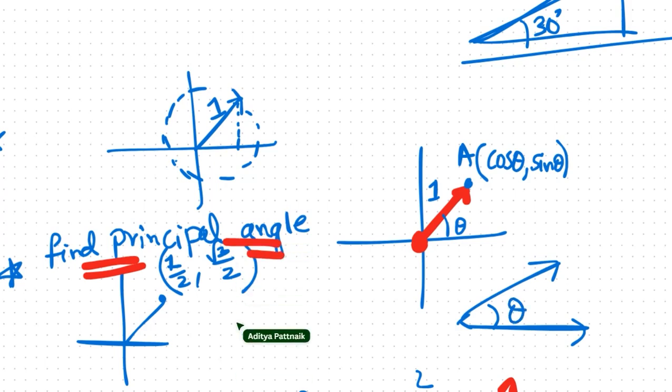We call this the terminal arm, and this is the initial arm. So basically, standard position means the initial arm should point towards positive x, and the angle is measured from initial to terminal like this. So that is the principal angle in standard position, theta.